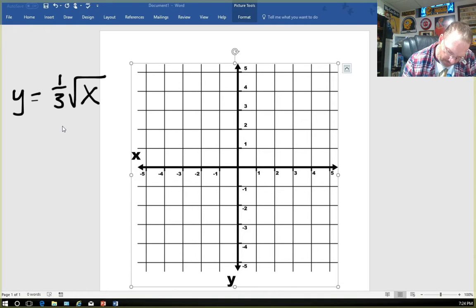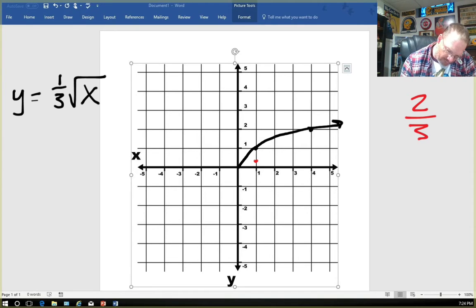Normally our square root is going to go through that point and that point. But since it's 1/3, instead of going over 1 up 1, it's over 1 up 1/3. For that second point right there, instead of being up 2, it's going to be up 2/3. It's going to be right there. So it's going to be very, very flat.